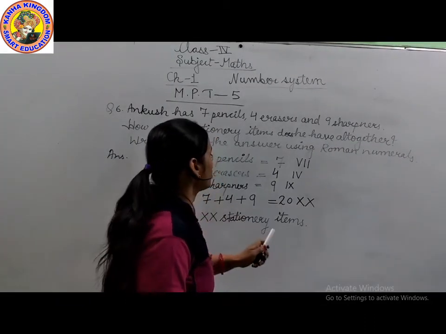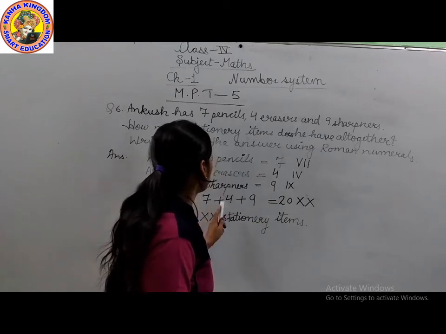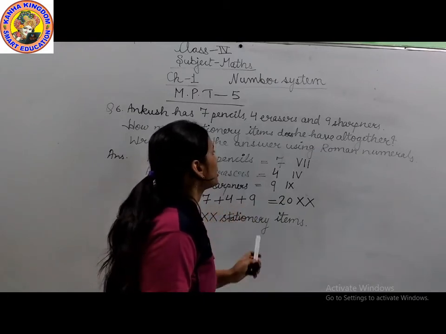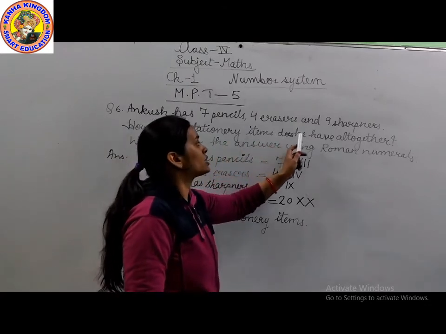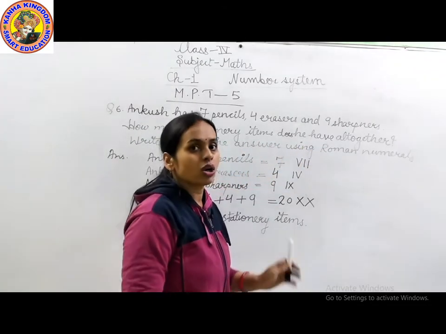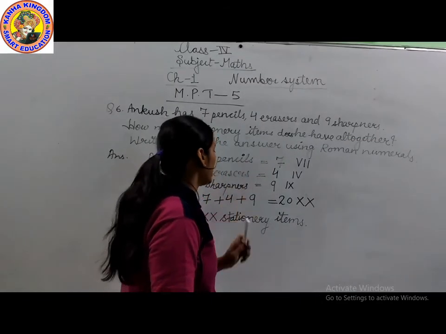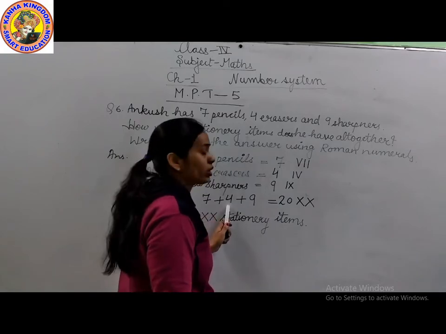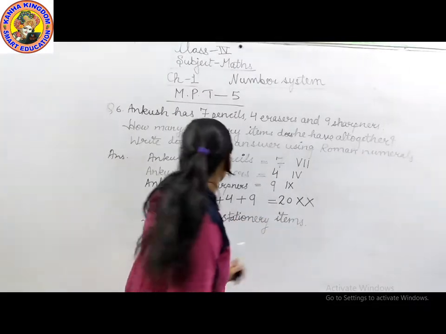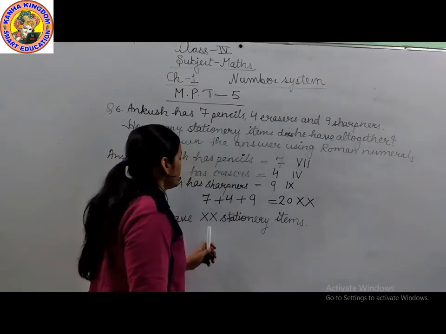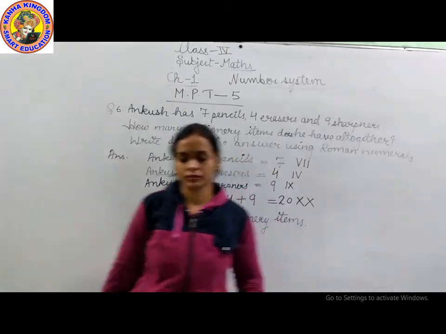Ankush has sharpeners 9. So 7 plus 4 plus 9. Because our question is how many stationary items does he have altogether? Altogether means we have to add 7, 4 and 9. So 7 plus 4, 11. 11 plus 9, 20. So he has 20 stationary items. Okay.